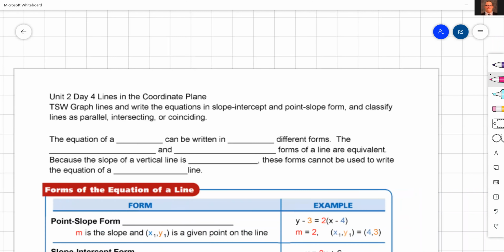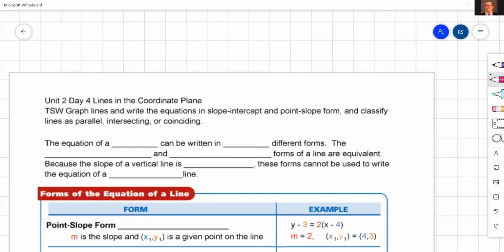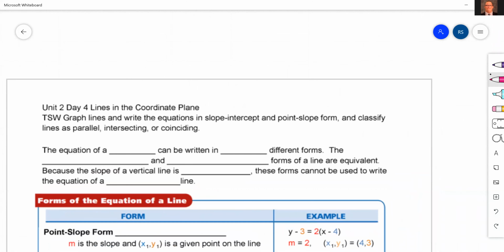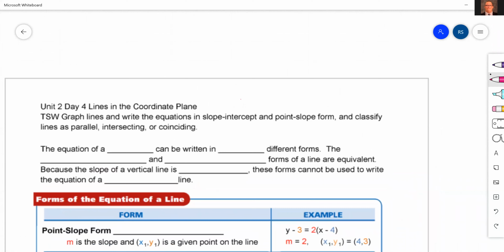So yesterday we looked at slope. So just as a reminder, slope, how did we find it? We said slope equals y2 minus y1 divided by x2 minus x1.